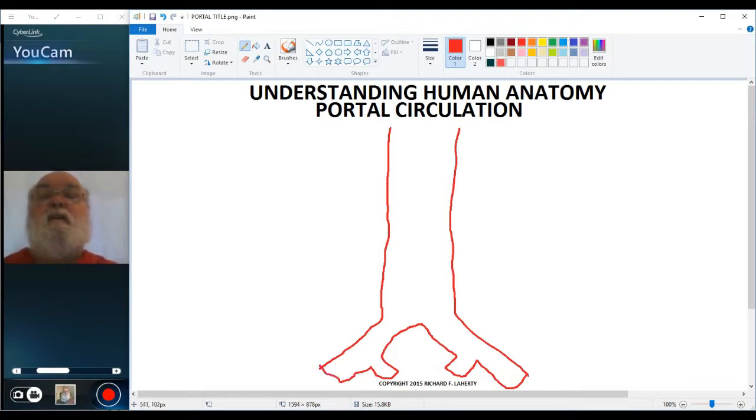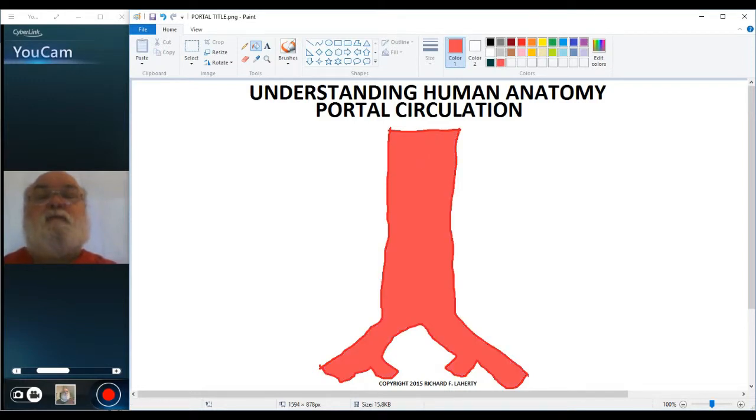Then we'll color in the aorta, so that this is the abdominal aorta dividing into left and right common iliacs, and each common iliac divides into an internal and an external iliac.